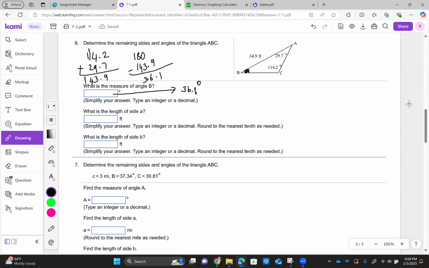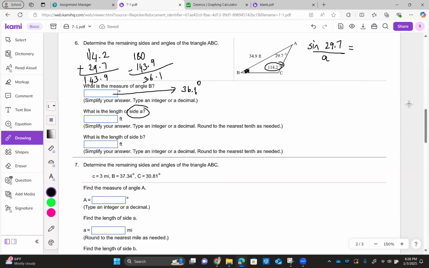We're going to first set up an equation for side A. For side A, I need angle A. So angle A is sine of 29.7 over its corresponding side, which is A, is equal to... Now, I don't really need to use B because its corresponding side is missing.